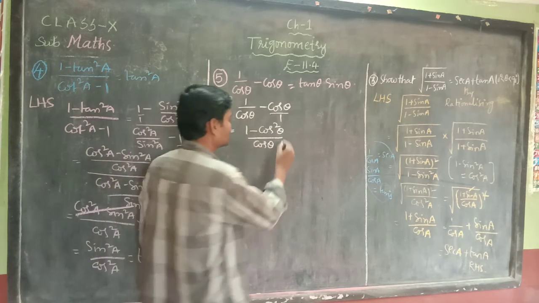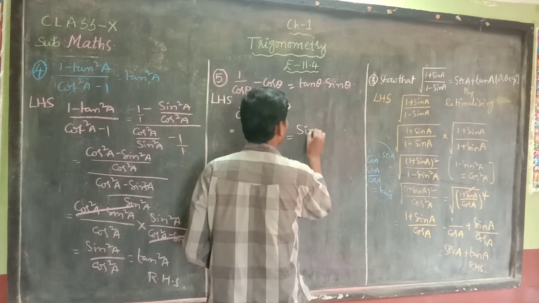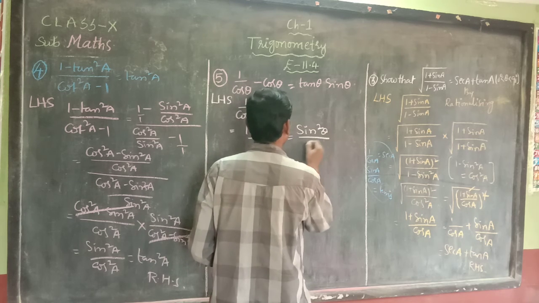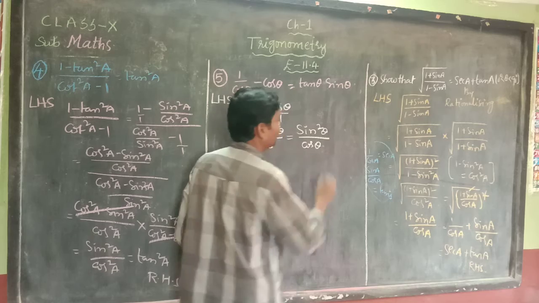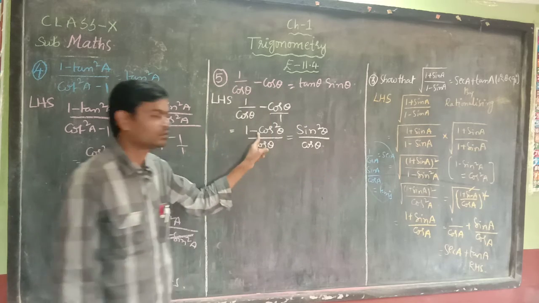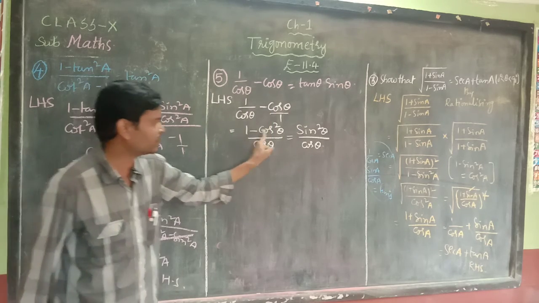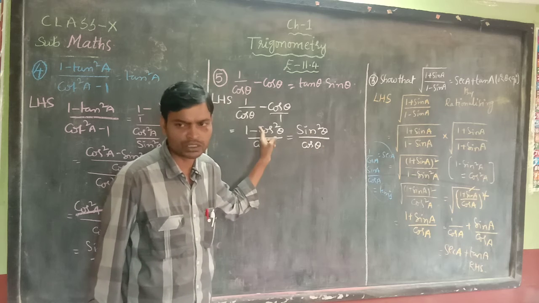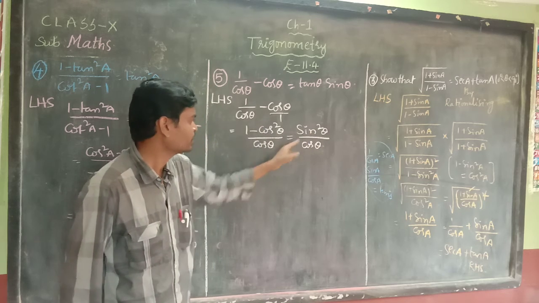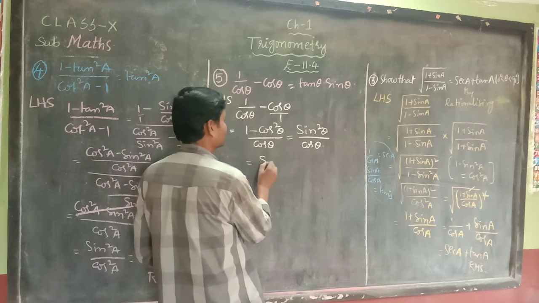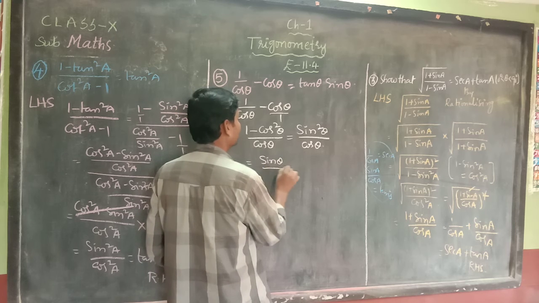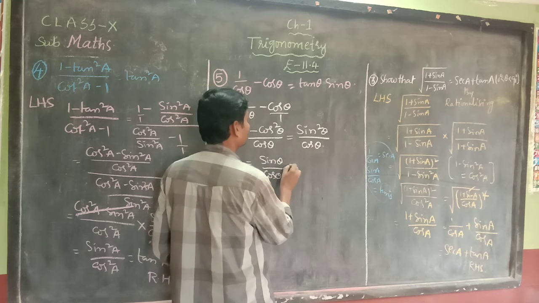So 1 minus cos square theta is equal to sin square theta by cos theta. We know this from the trigonometric identity, 1 minus cos square theta is equal to sin square theta. So this we can write as sin theta by cos theta into sin theta.